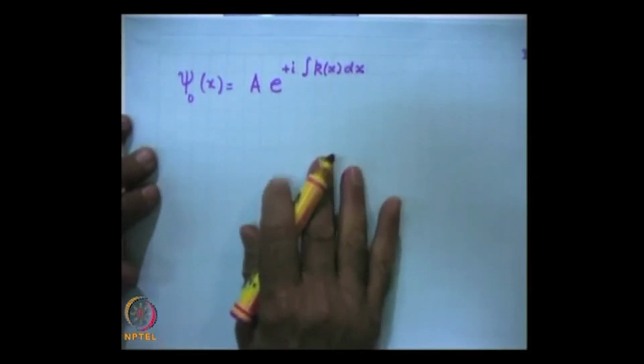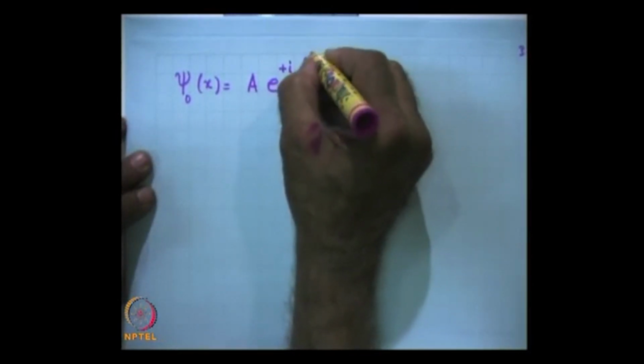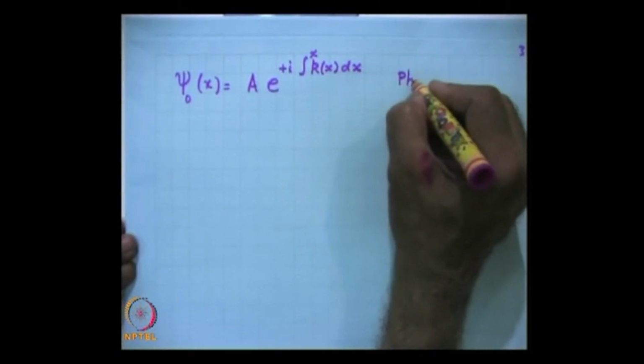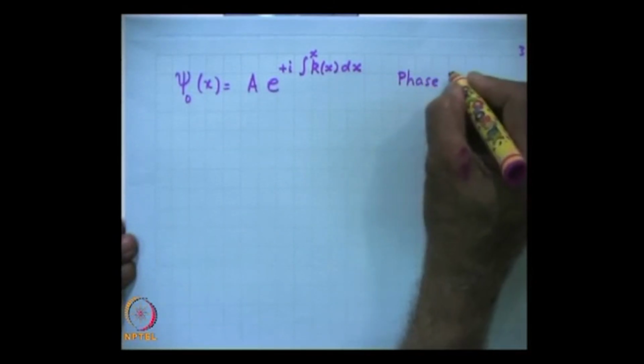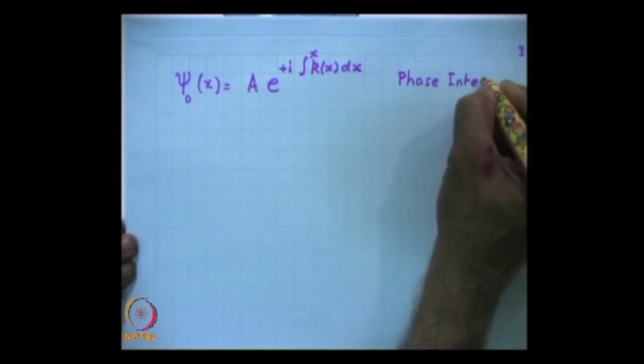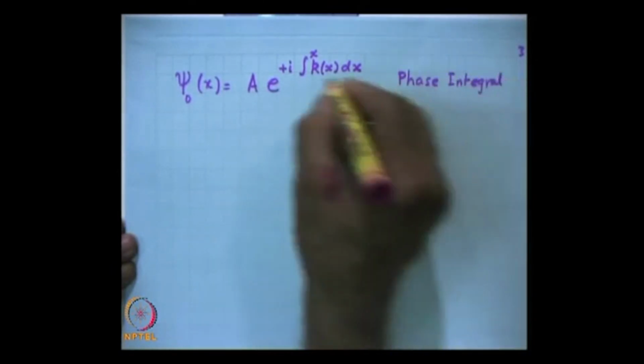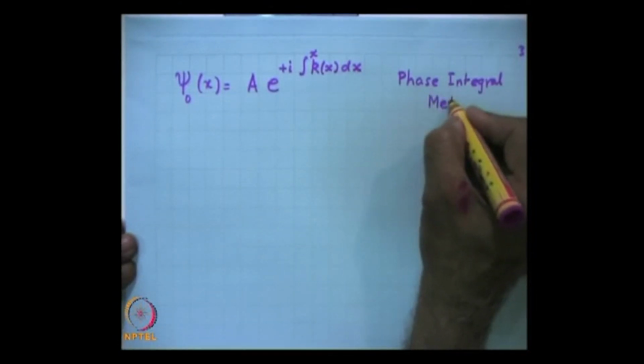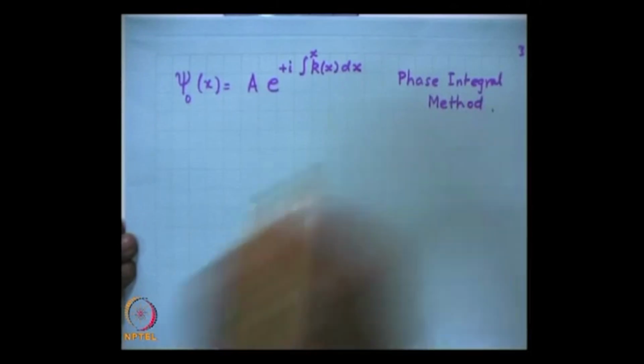Here in this approximation only the phase changes, and so some people call this the phase integral method. As the beam propagates, only the phase changes, and therefore many people call this the phase integral method.